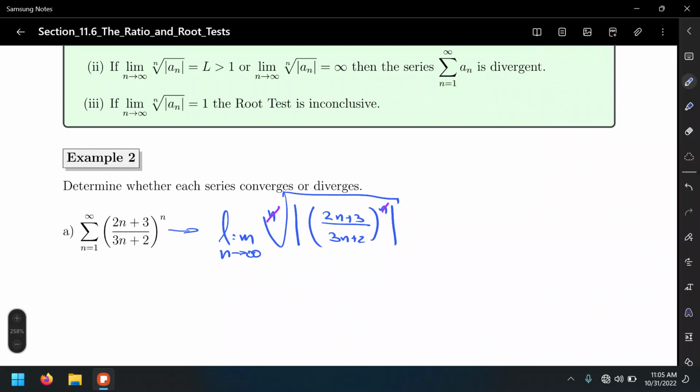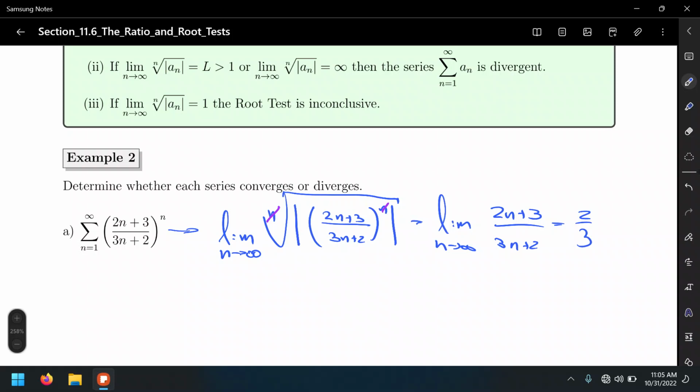So this will be the limit as n approaches infinity of (2n plus 3) over (3n plus 2). And this limit is 2/3 because it's polynomial over polynomial, and the degrees are both the same, degree 1 in the numerator, degree 1 in the denominator.